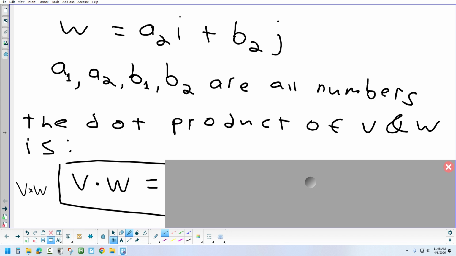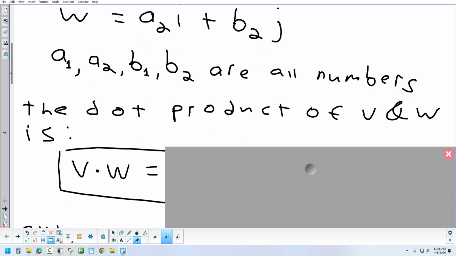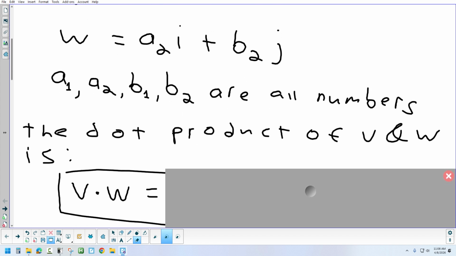Cross product only works in 3D. You can't do cross products in 2D. No such thing. Dot product you can do in 2D and 3D. Today we're only doing it in 2D. Tomorrow it'll be 3D.